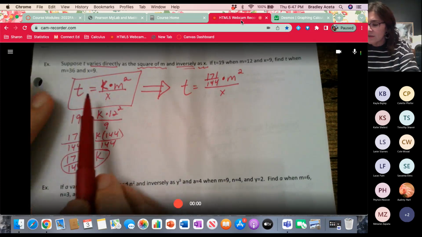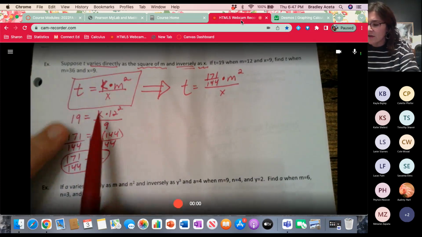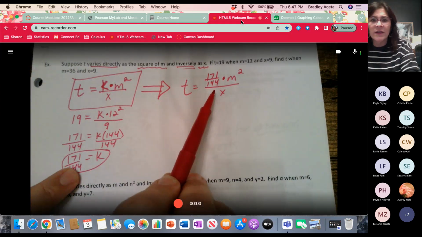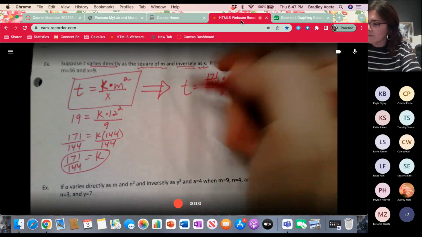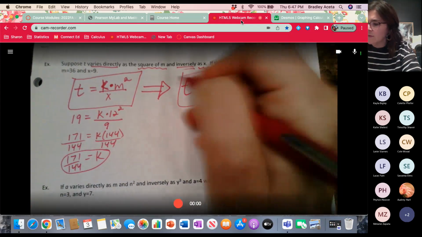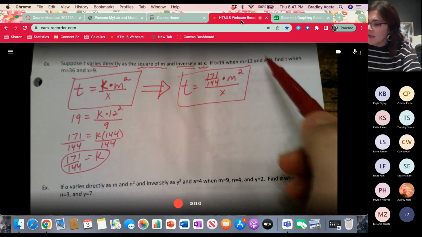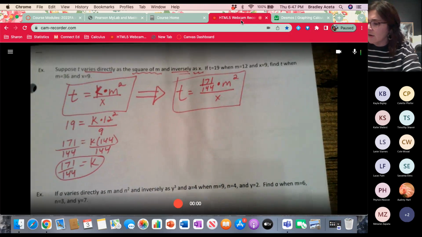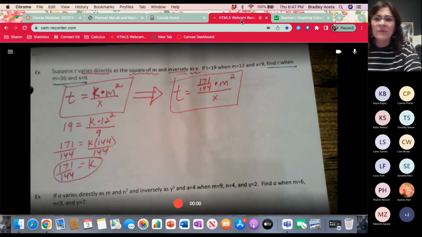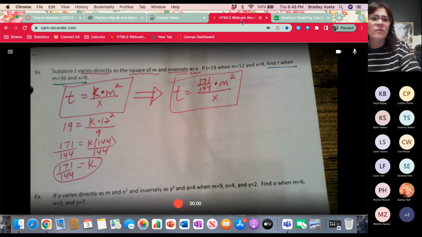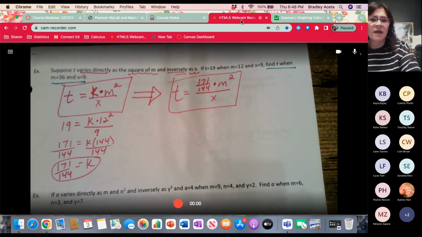So all I did was start with my formula, solve for k, and write it again with my k substituted in. So here's my new formula. And now I'm going to answer this second part. Find t when m equals 36 and x is 9.